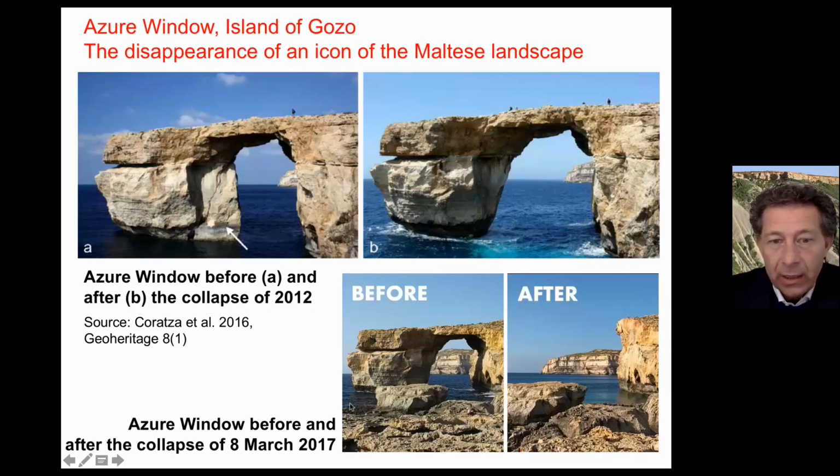So in March 2017 there was the full collapse during a storm surge, the collapse of the entire Azure Window, which now looks like this. So we have only the right part of what was the arch still standing there.